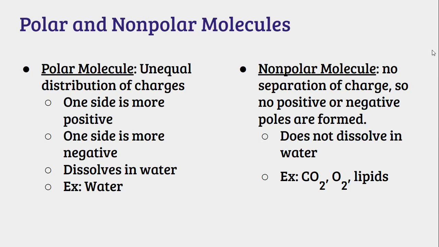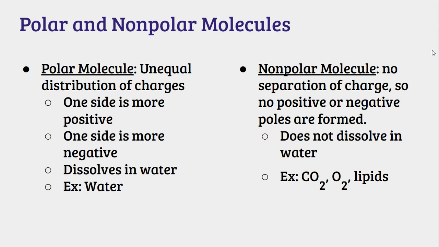Now, what does that mean? A polar molecule is a molecule that's bonded covalently and has unequal distribution of charges. So meaning one side of the molecule might be positive, while the other side is slightly more negative. Typically, molecules that are polar actually dissolve in water, and a classic example would be water.